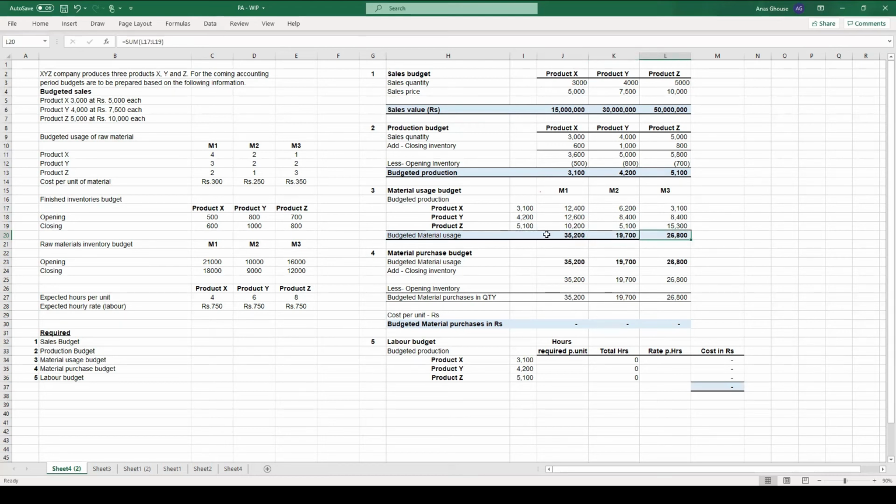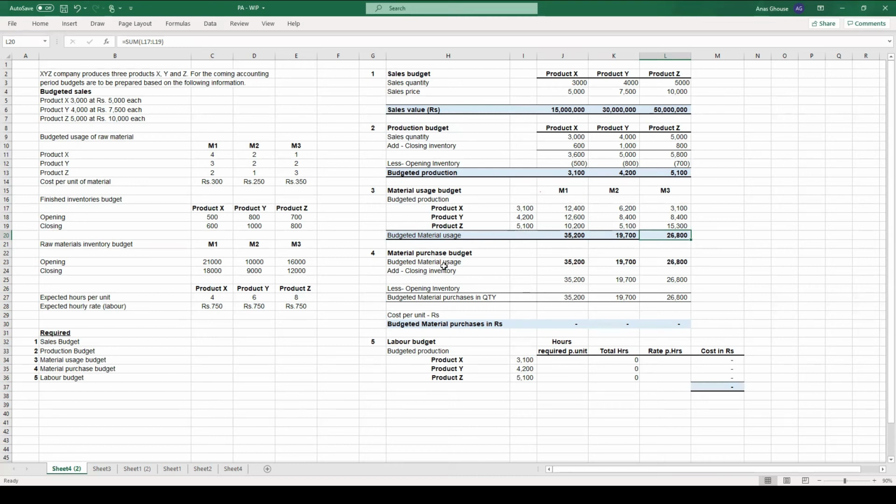Okay, so in order to produce all these products, from M1 material you need 35,200, M2 material you need 19,700, M3 material you need 26,800. Once we have identified the material usage budget, you can easily calculate the material purchases budget.